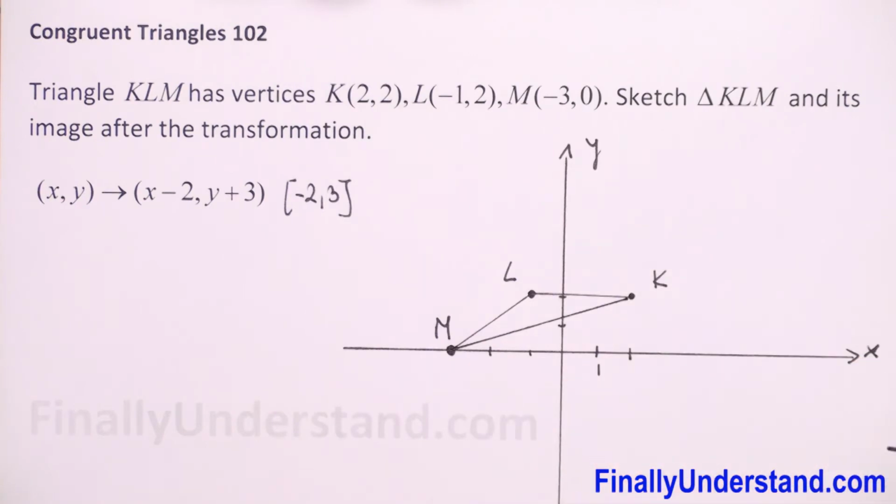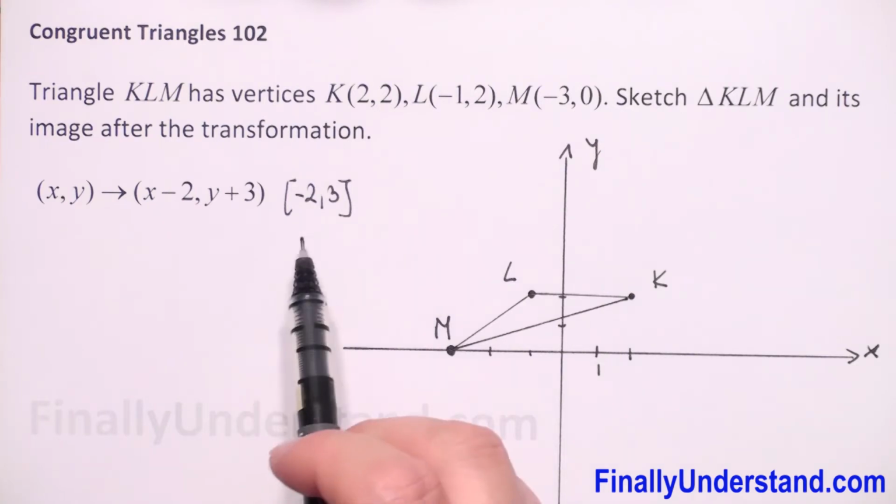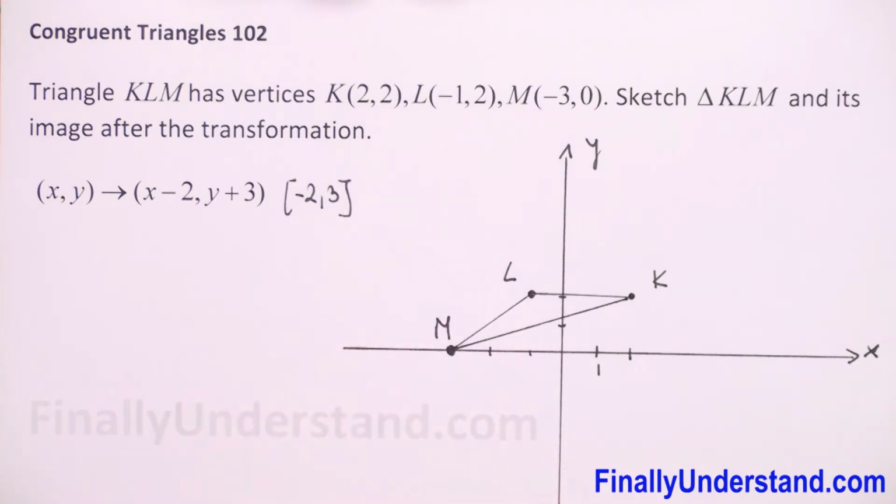And now we have to find vertices of our triangle after transformation. Like I said, we have to move every point by vector -2, 3. This is, in other words, translation about vector -2, 3.